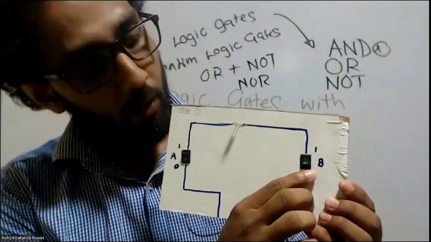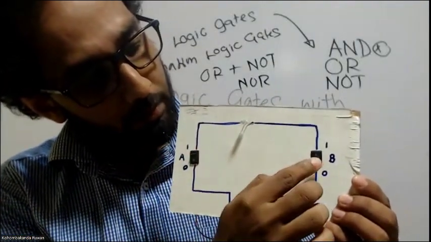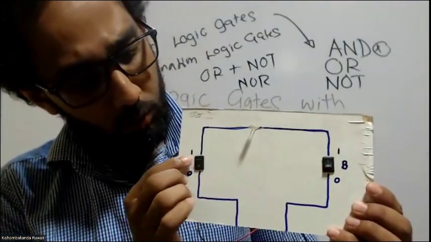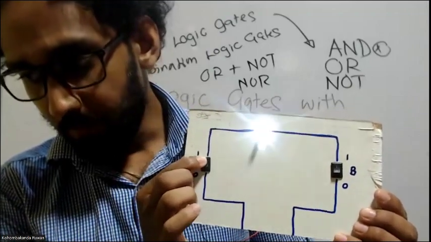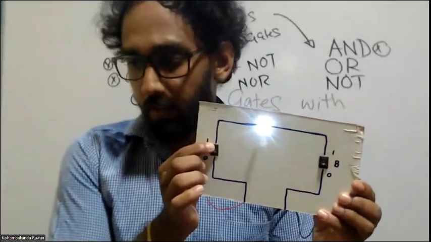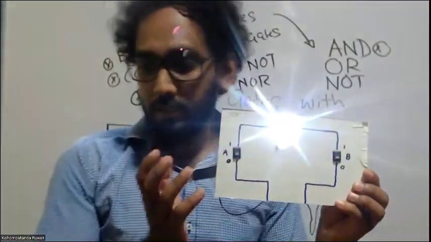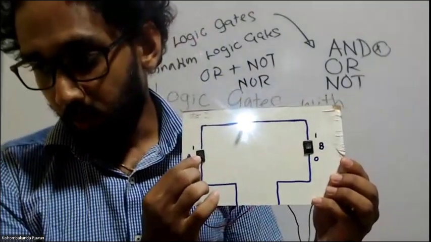No, sir. Now, B is switched on, and I will also switch on A. Now you can see the light, isn't it? Yes, sir. That means both switches are compulsory to be on.